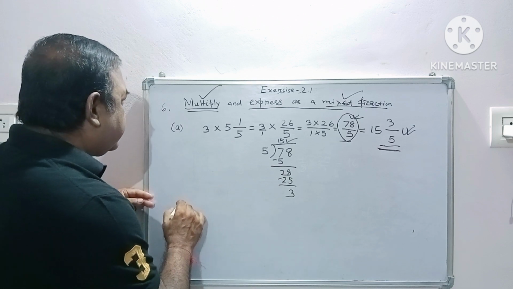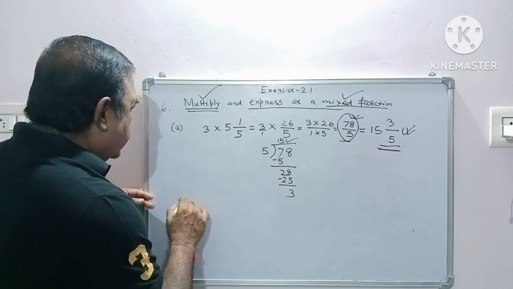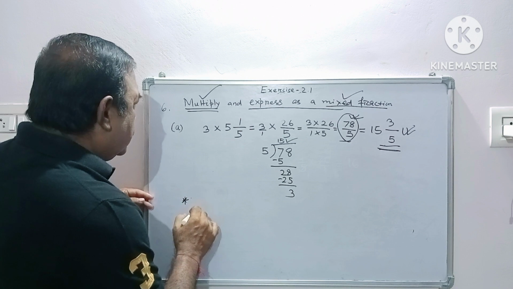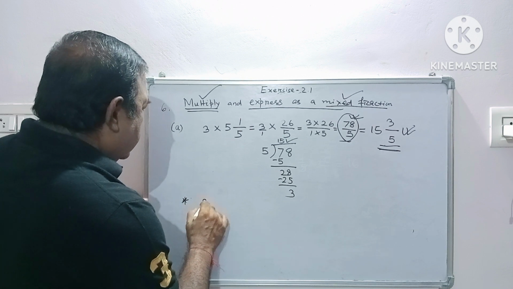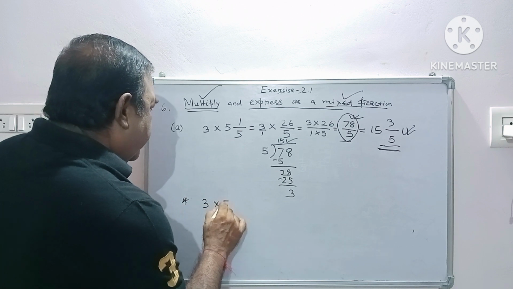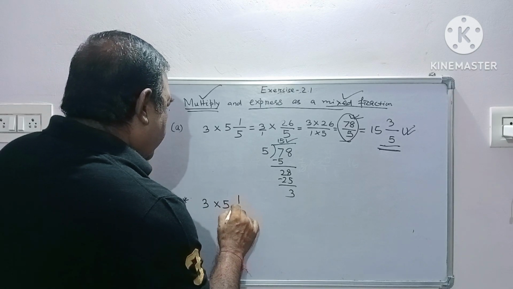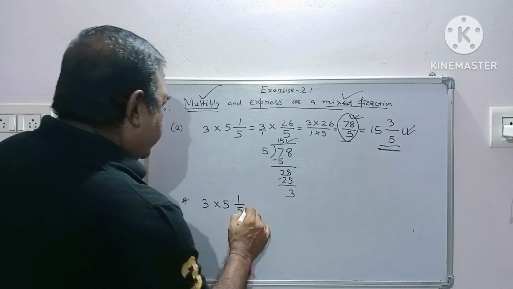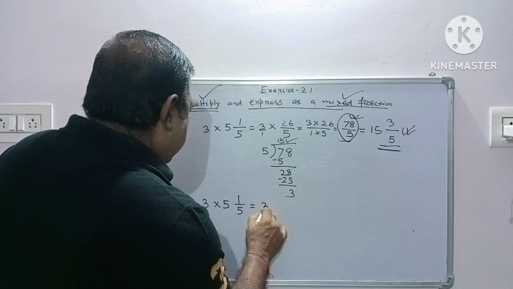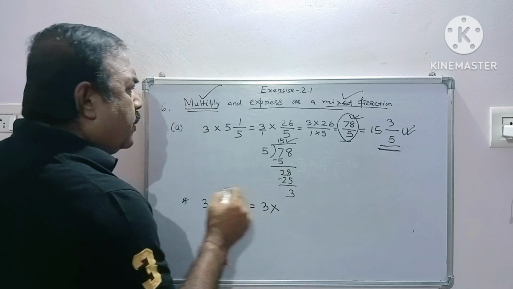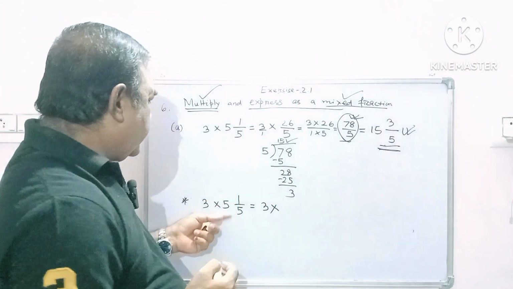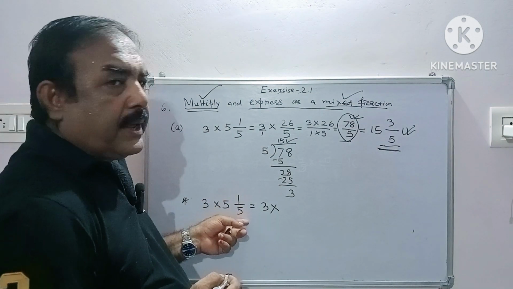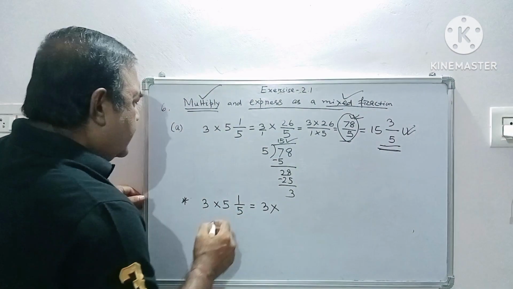You see, like this you may do also. You may also do 3 into 5 whole number and 1 upon 5. You see 5 is the whole number and 1 upon 5 is a proper fraction.